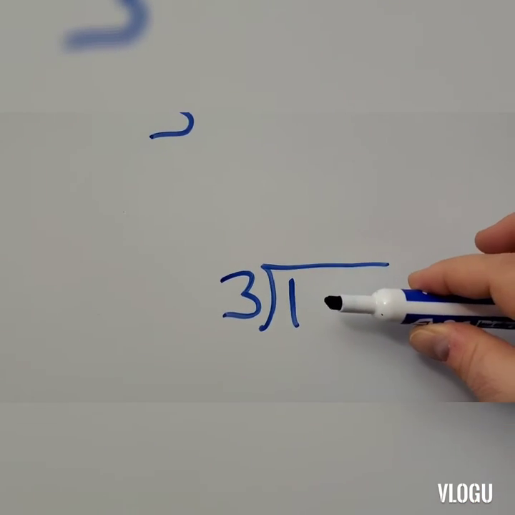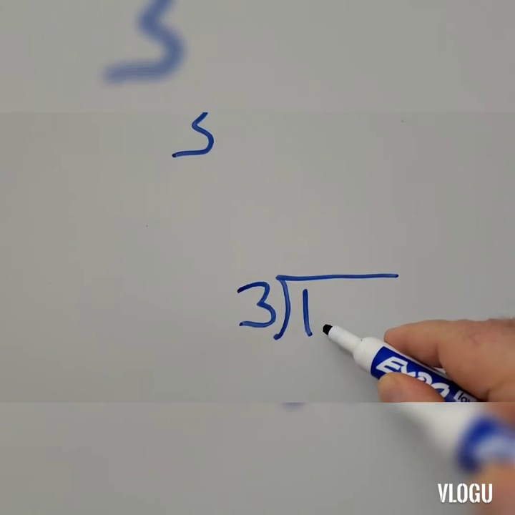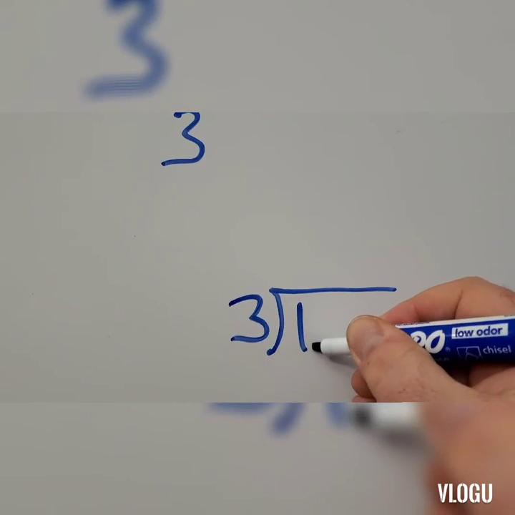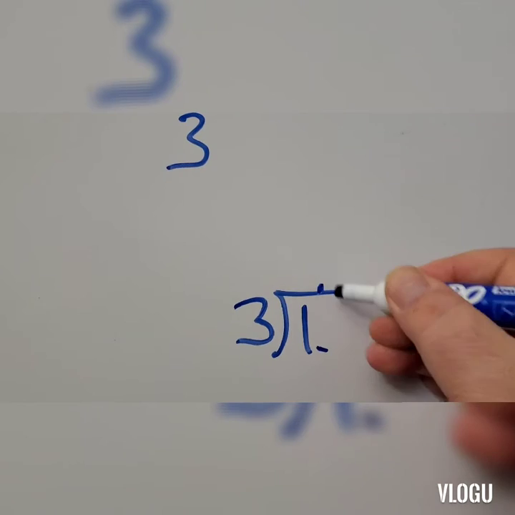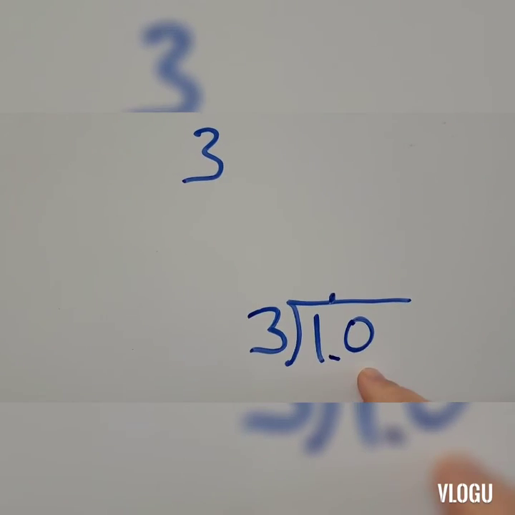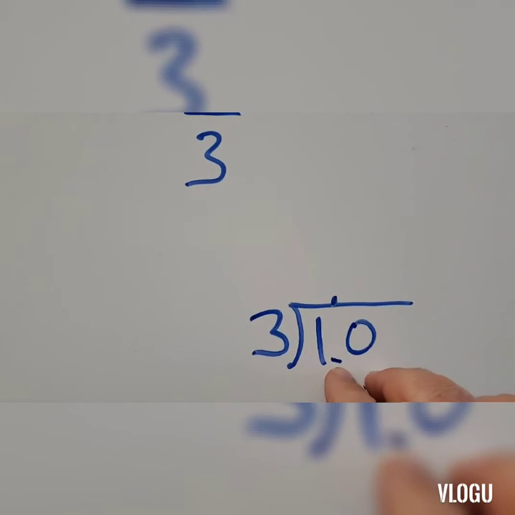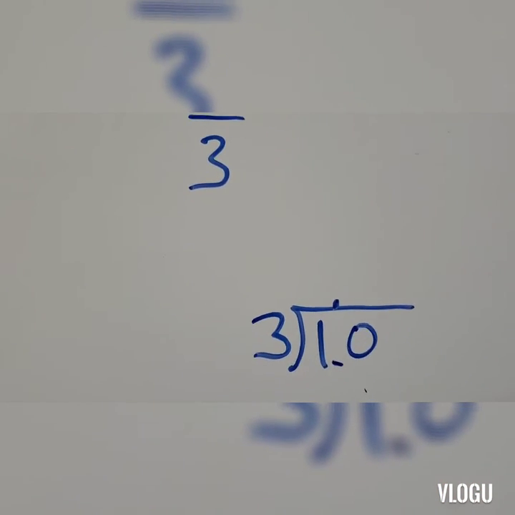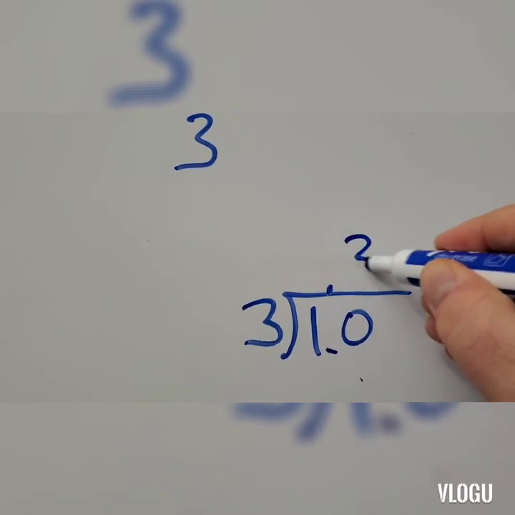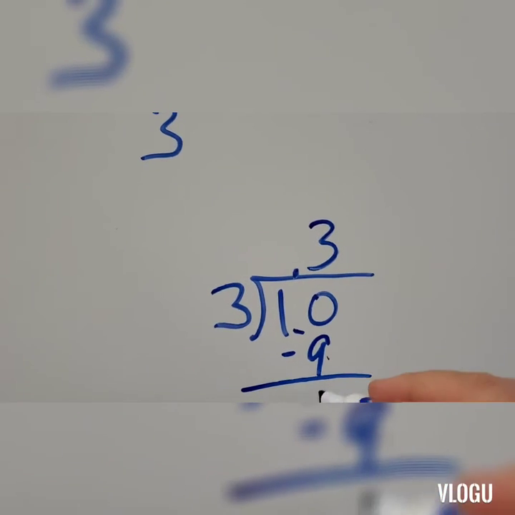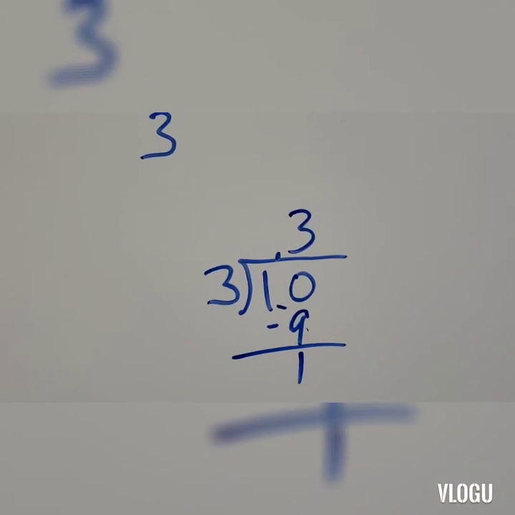So to extend this 1 without changing the value of 1, I'm going to add my decimal and a 0. That's still a value of 1, but now if I put these two numbers together with my decimal, I can say 3 goes into 10 about 3 times. 3 times 3 is 9. Subtract, I have a remainder of 1.